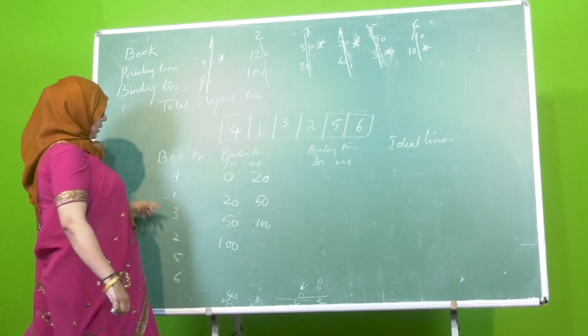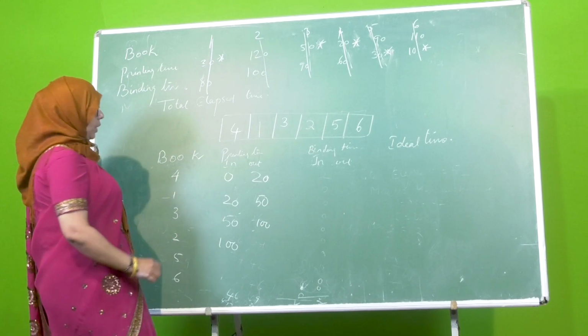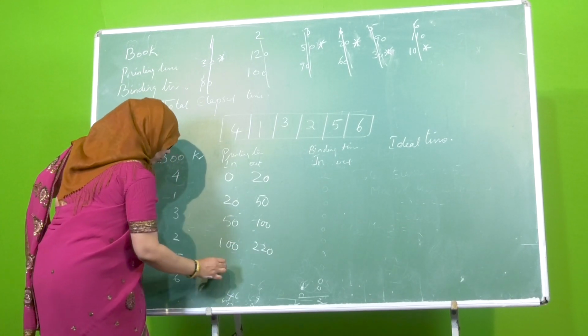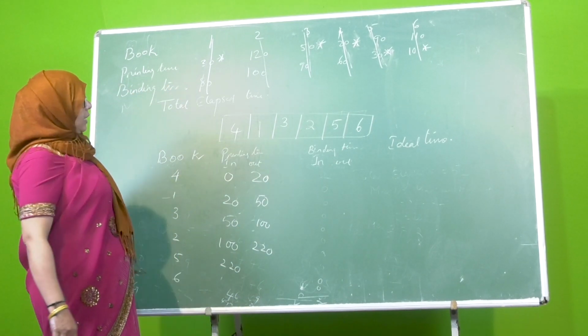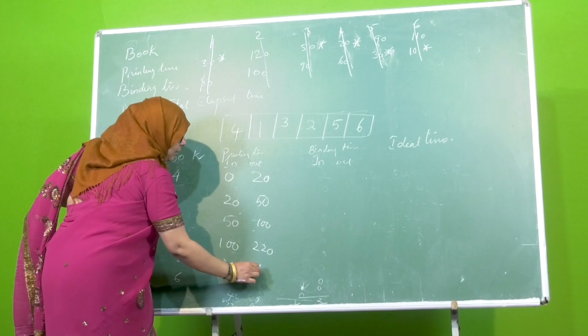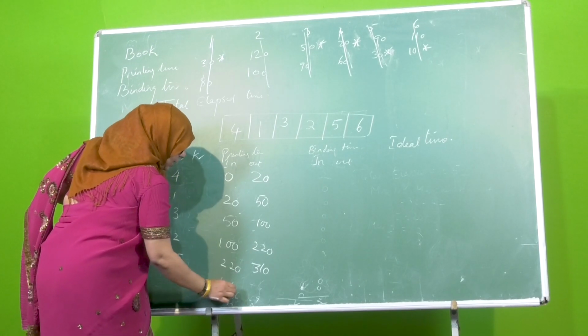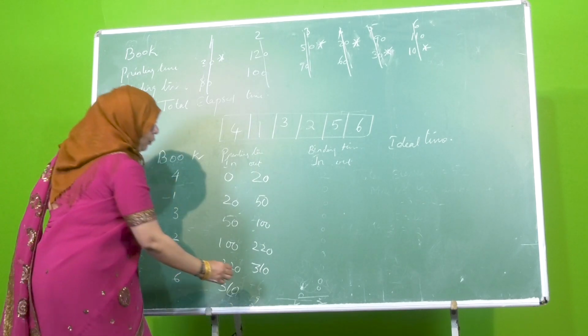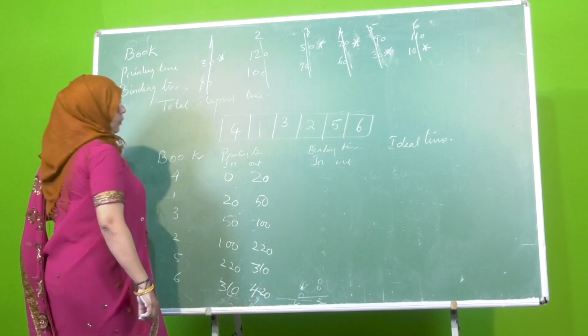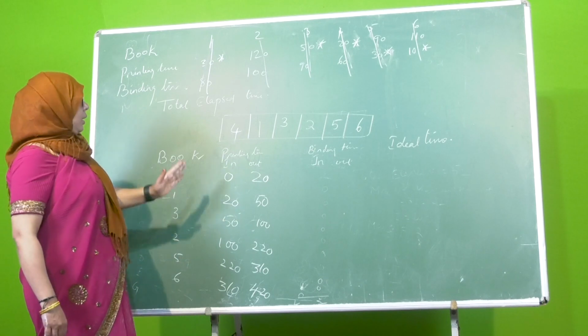So 100 is here. What is in 2? 120, that is 220. 220 is here. What is the element? 90, that is 310. So 310 is here. What is the value of 6? That is 420.